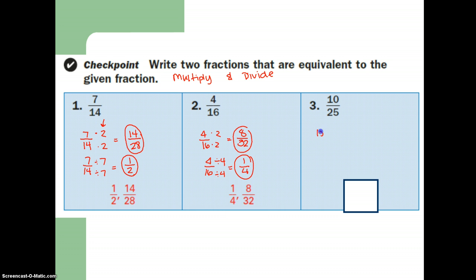For number 3, 10/25. Again, let's multiply by 2. It's always the nicest number to multiply by. And then we can simplify. Divide by 5, and it becomes 2/5.